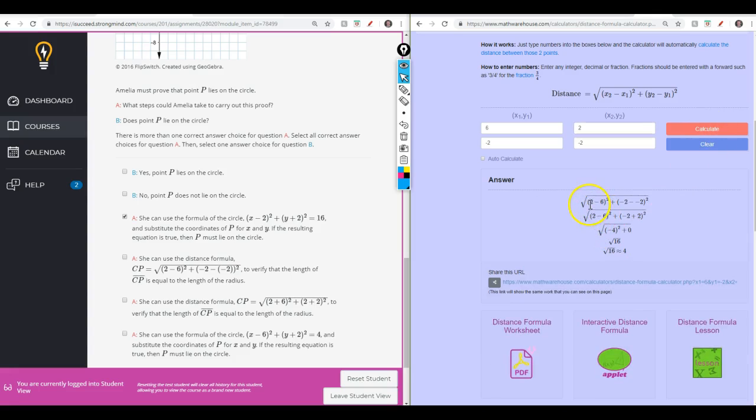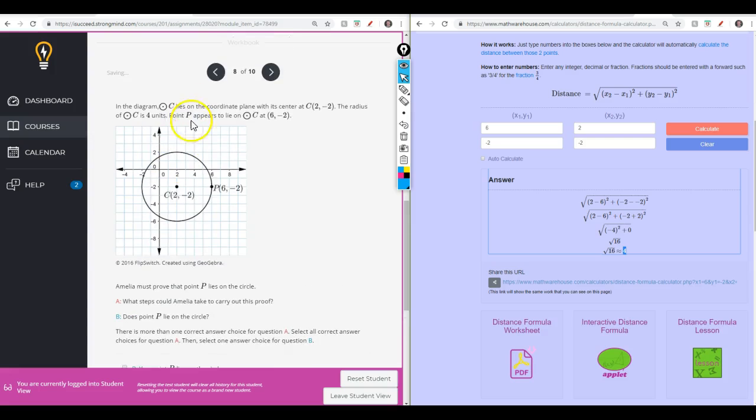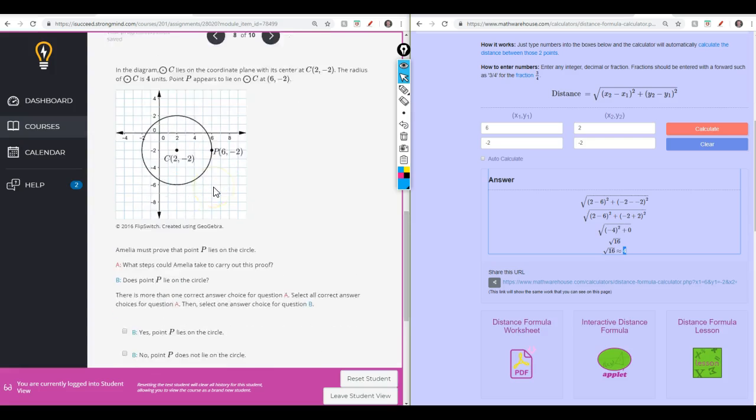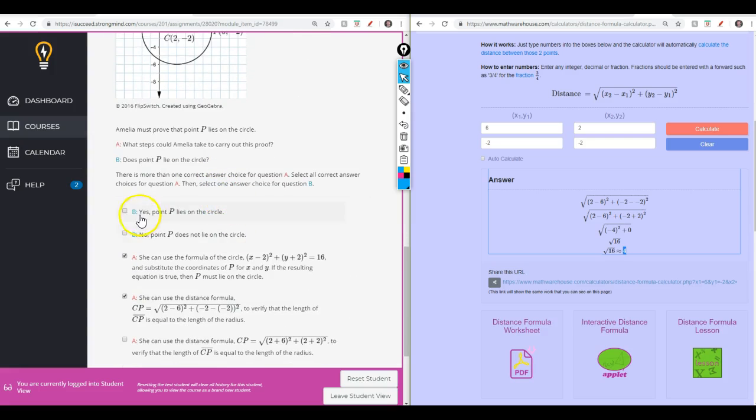So then we see 2 minus 6 plus -2 minus -2 squared, so it's matching this one. It does come out to be 4, which is the radius length, so point P does lie on the circle. So these are two ways we can show if a point lies on the circle.